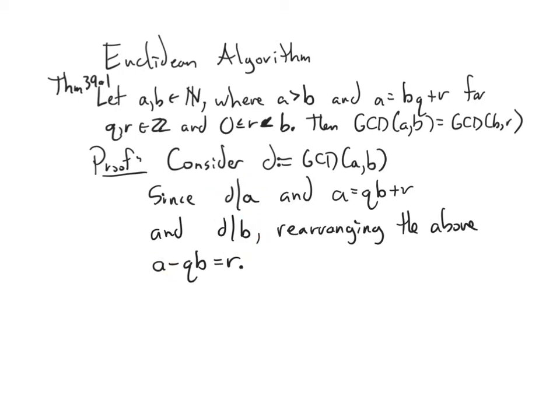D is a factor of b, so D is a factor of q times b. So D is a factor of both of these terms, so it's a factor of the entire left-hand side. So D is a factor of a minus qb, and thus, well, a minus qb equals r, so D is also a factor of r.